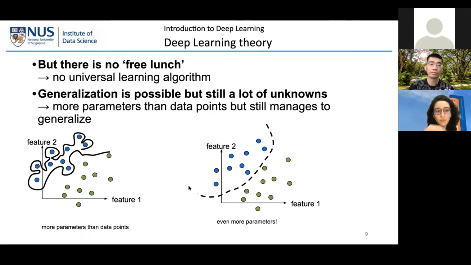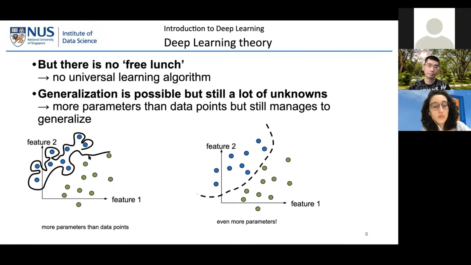Okay. Now let's imagine that you take many more parameters than data points. Which is what we observe in deep learning. There are deep learning models with a huge amount of parameters, sometimes more than the number of training data points that you have.